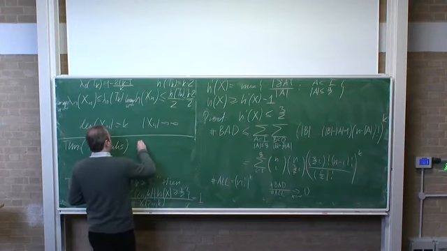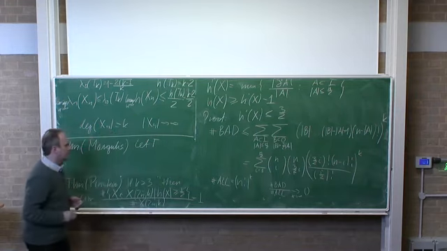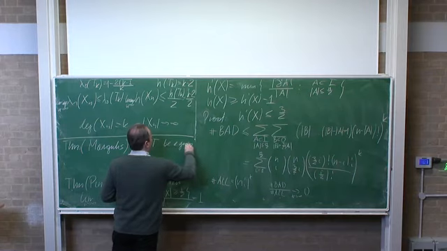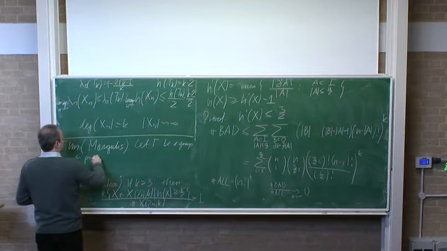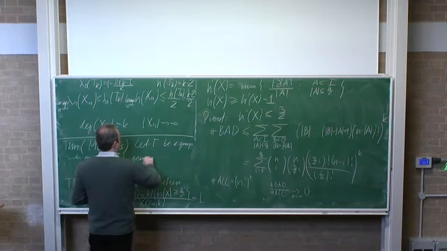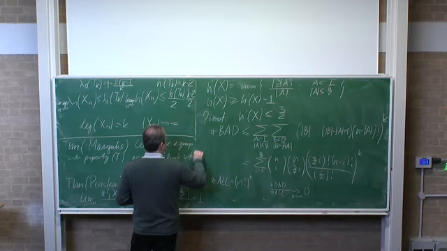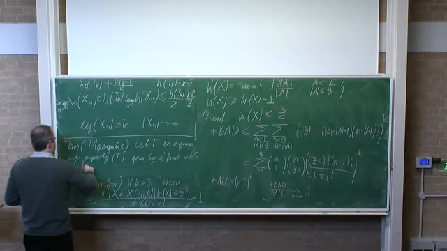You can take any group with property T. So let Gamma be a group with Kazhdan's property T, generated by a finite set S.